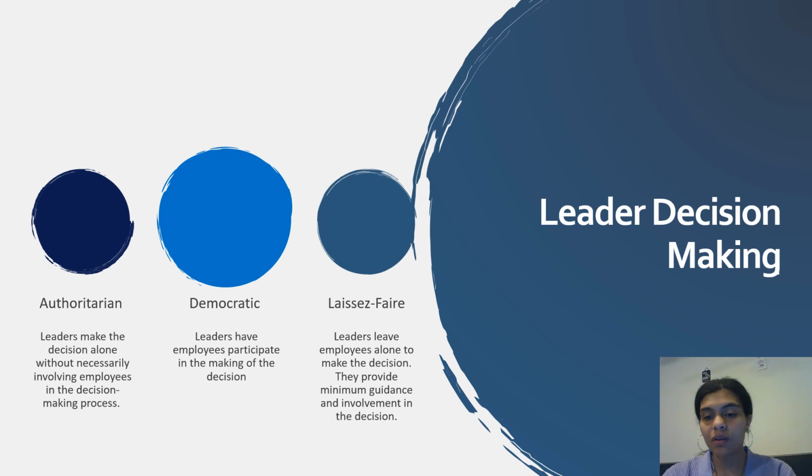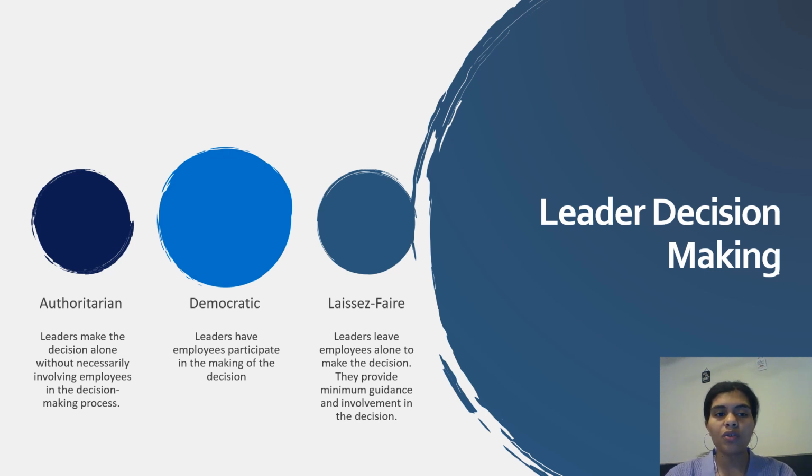So the first one, authoritarian, is obviously the least favorable. It gives very limited choice and voice to employees. It's not one that a lot of people enjoy, versus democratic and laissez-faire. A pro of this, although, would be structure and organization.